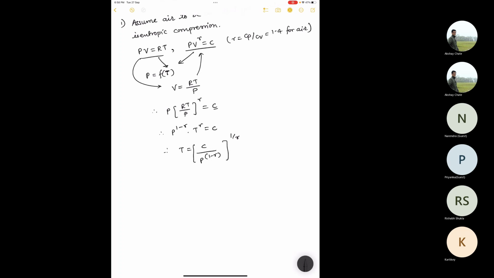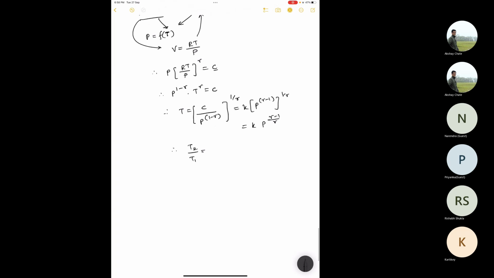So this is what we generally use. You can further simplify this. C to the power 1 by gamma is anyway a constant, so you can just write it as K. And P^(1 minus gamma) is in the denominator, so when it goes to the numerator, it is gamma minus 1, and the whole power 1 by gamma. So basically you can write it as T2 by T1 is (P2 by P1) to the power (gamma minus 1) by gamma.